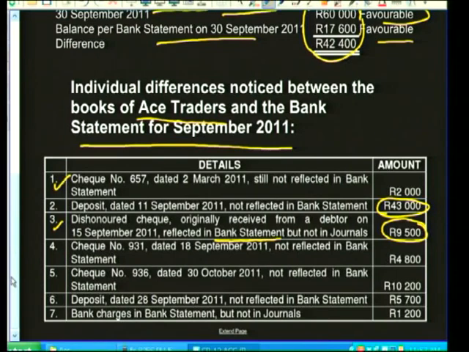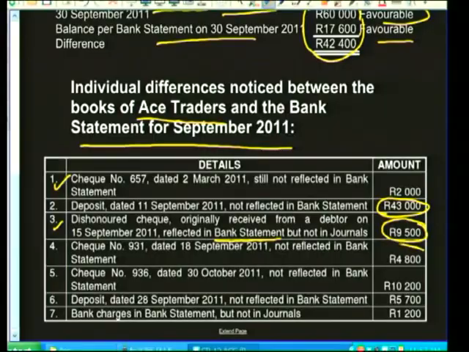Check number 931, dated the 18th of September, not reflected in the bank statement. Okay? Now, obviously, this check of 4,800 is a check that you have written, dated for the current month, okay? But it's not reflected in your bank statement. The question that you have to ask yourself, will this check in any way impact on your bank account?